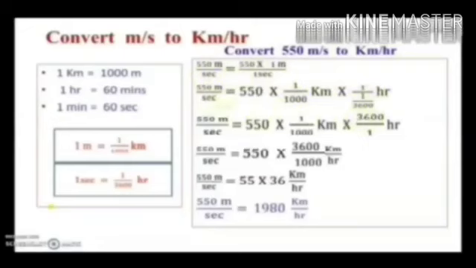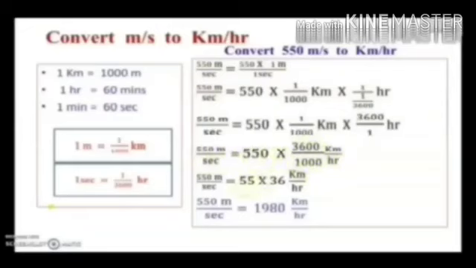When we simplify this, we have 550 meter per second is equal to 550 times 3600 over 1000 kilometer per hour. 2 zeros get cancelled here and 1 zero gets cancelled here.